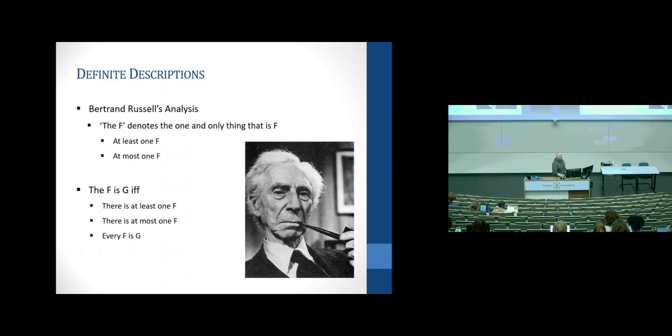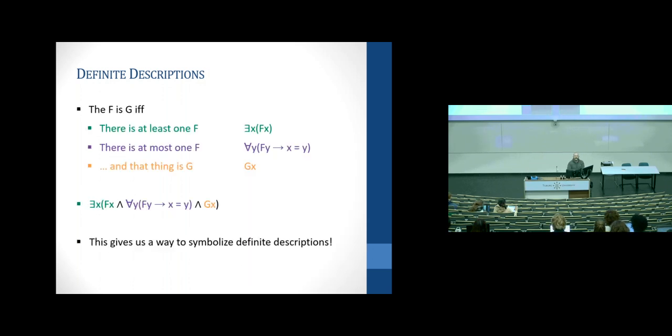But note again, there's two parts here, right? There's the first one of how to capture the, which tells us at least and at most one. And then there's, once we have the, and we want to ascribe things to it, well, cool, we just add some more conjuncts. So how does this look in FOL? The F is G is going to be expressed as there's at least one F. So existential x, Fx.